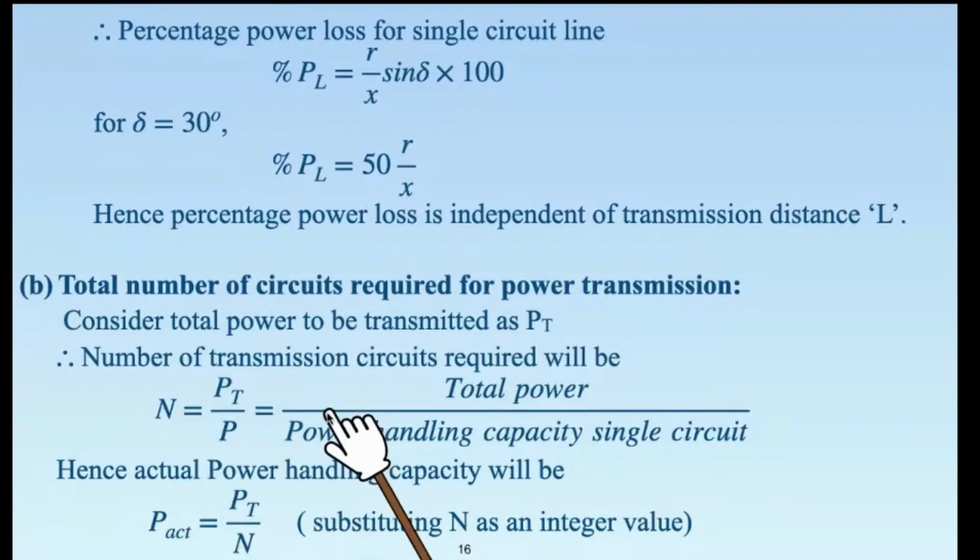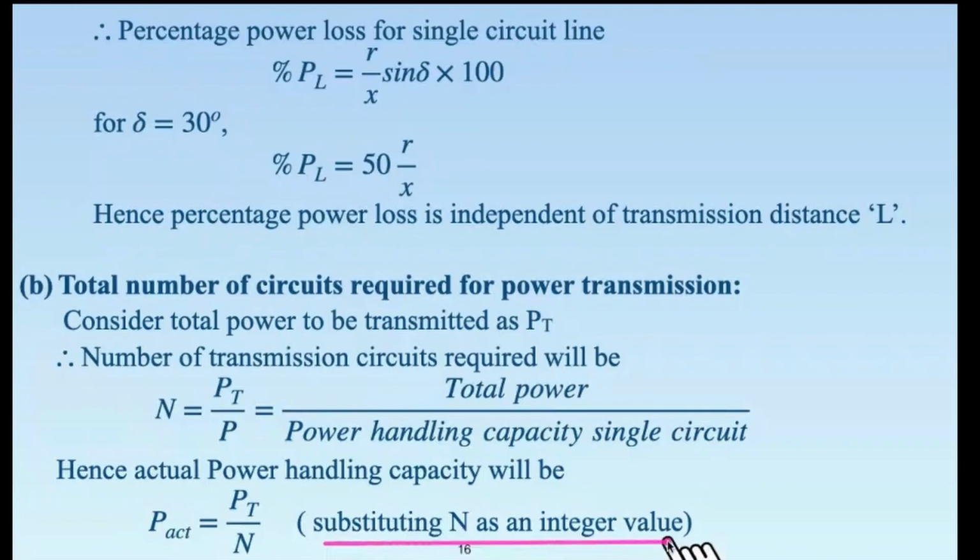So naturally, the power that will be handled by every circuit will be slightly less. So actual power handled is equal to total power divided by the integer value of n. Okay. So this is the idea that you have to realize.